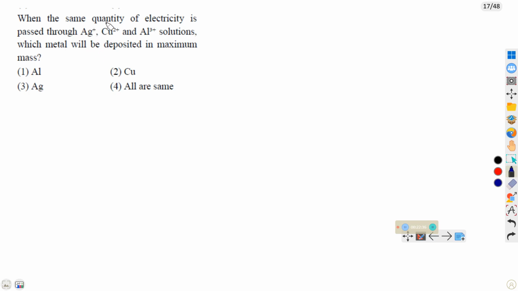When the same quantity of electricity is passed through Ag plus, Cu2 plus and Al3 plus solutions, which metal will be deposited in maximum? If we pass 1 Faraday of current, 1 by n moles of the substance is deposited.